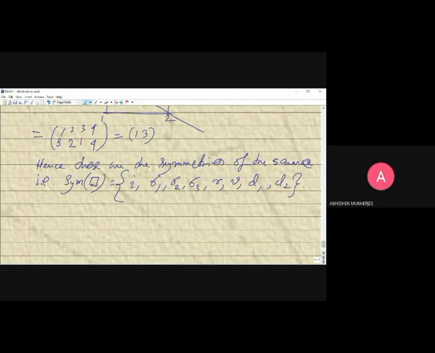But in the previous case, the group of symmetries of the equilateral triangle coincides with the symmetric group of order 3. But in this case, you see that this group is a subgroup of S4, right? So this is called the dihedral group of order 4.